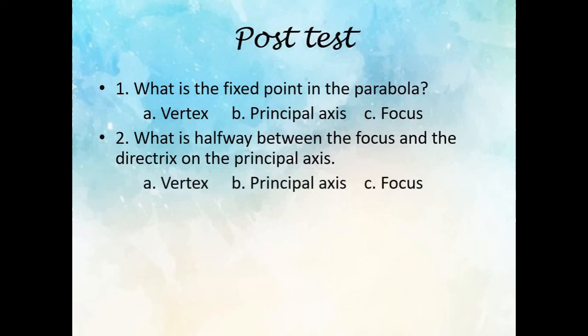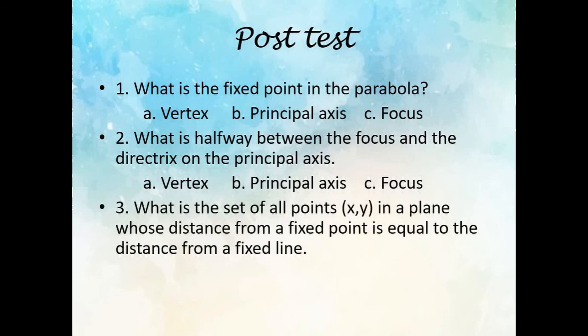A. Vertex, B. Principal axis, or C. Focus? Number 3. What is the set of all points x and y in a plane whose distance from a fixed point is equal to the distance from a fixed line? A. Circle, B. Parabola, C. Ellipse.